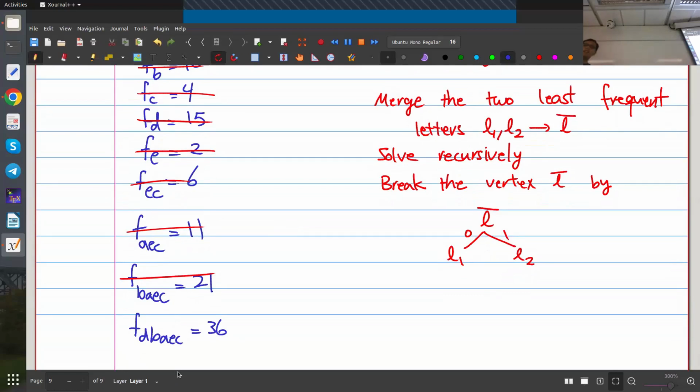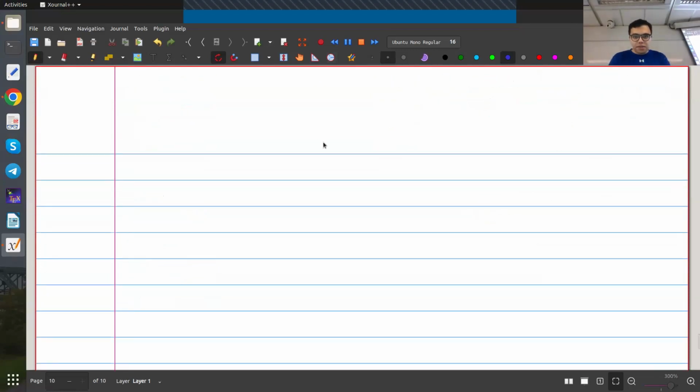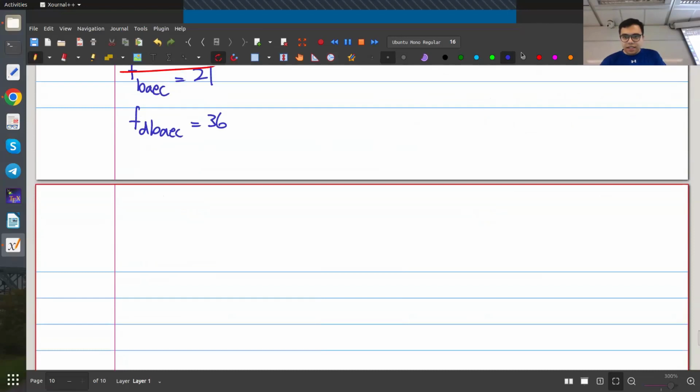So if I have only one letter, I know what the optimal code is, right? What is the optimal code for one letter? Yeah, well, just assign 0 to it, right? So I can have this. I can just have one node, and I can just assign 0 to it. I can say this 0 is here, and it corresponds to DBAEC.